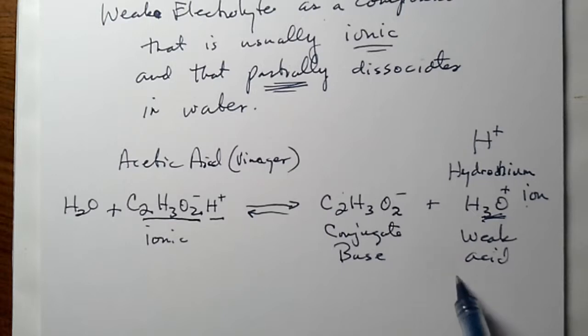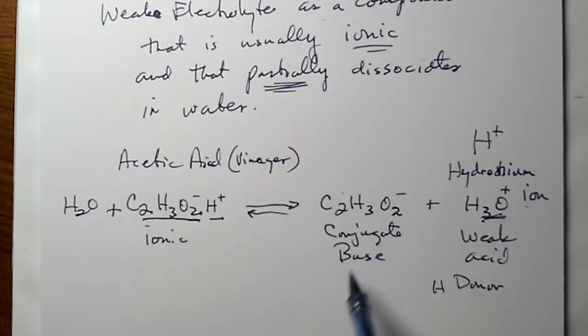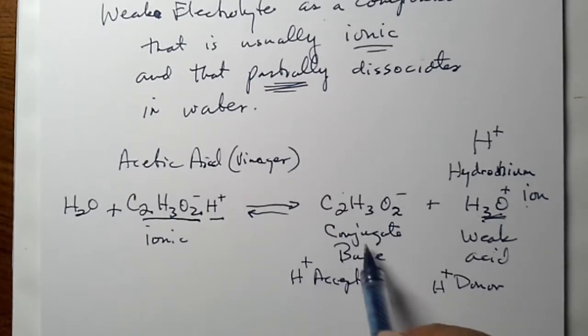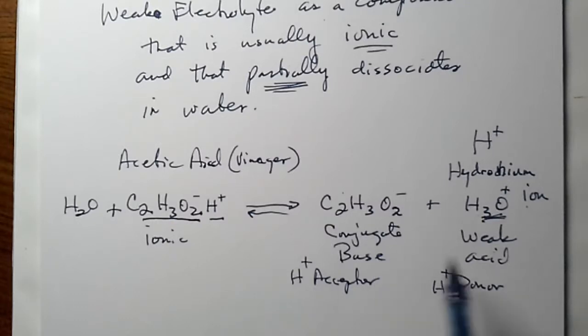So this is a donor of hydrogen. This is an acceptor of hydrogen. So this makes this a Bronsted base, and this is a Bronsted acid, weak acid.